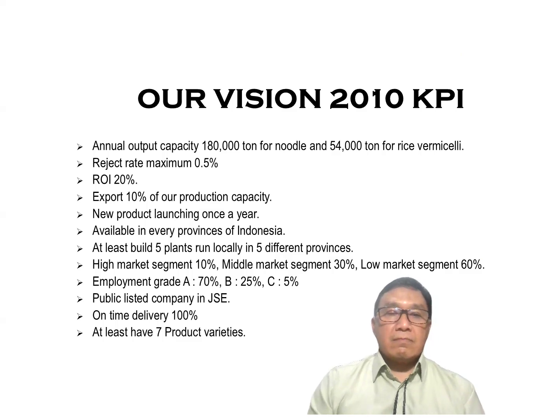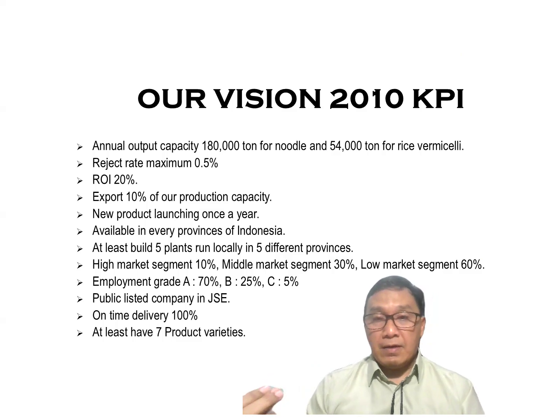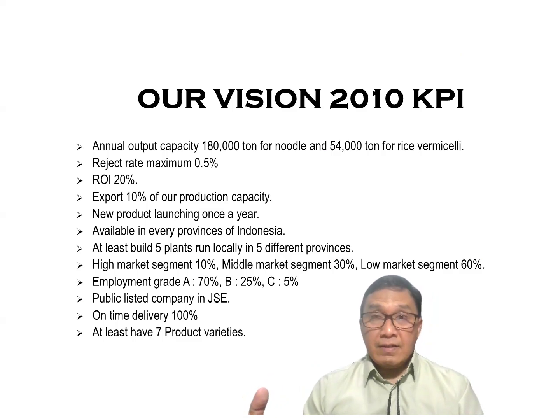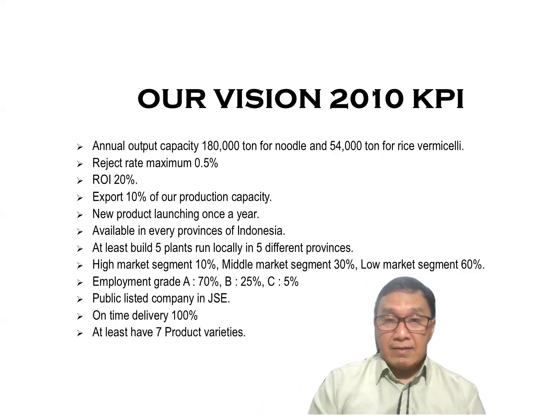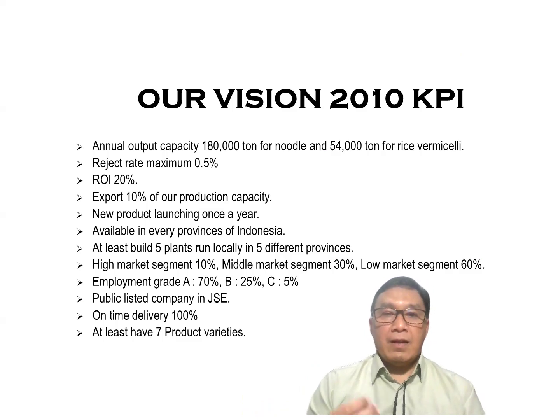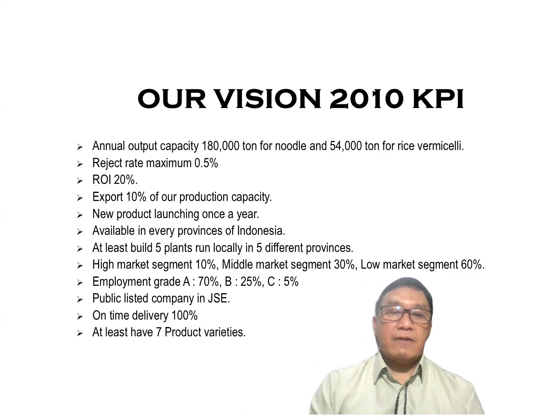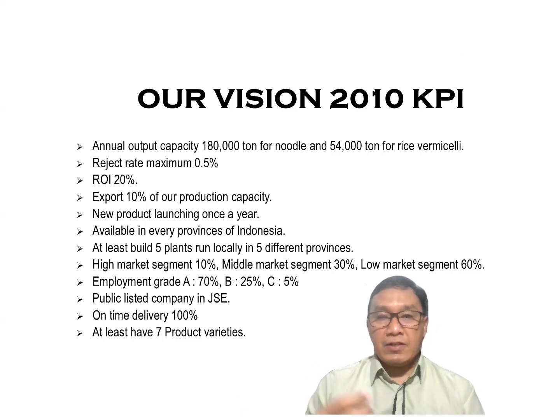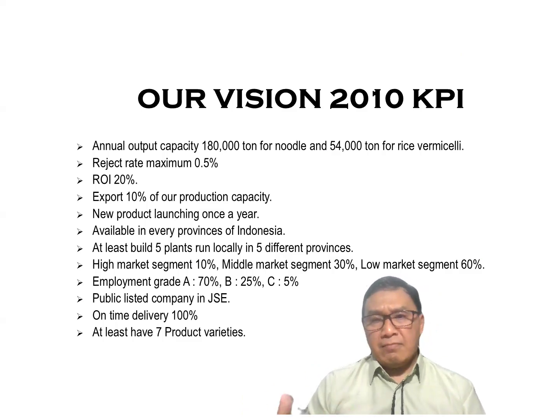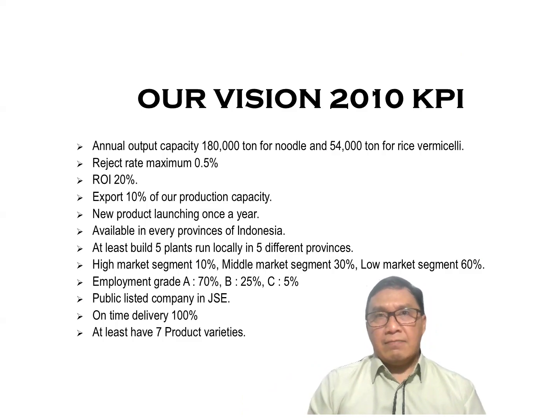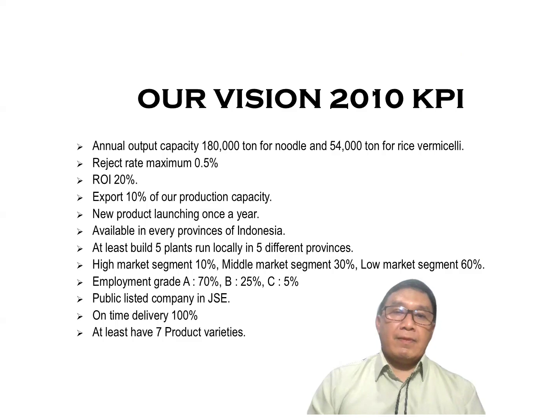KPI number 4, export 10% of our production capacity. Maybe it will be used to measure the success of keyword number 3, which is recognized in the international market. Available in every province in Indonesia could be for supporting the national leader and so on.